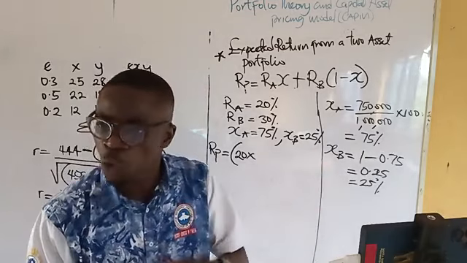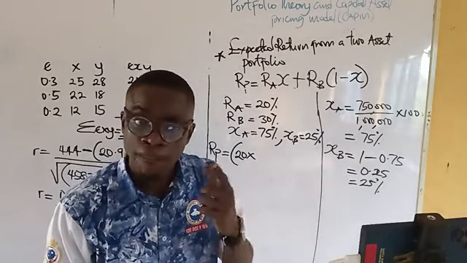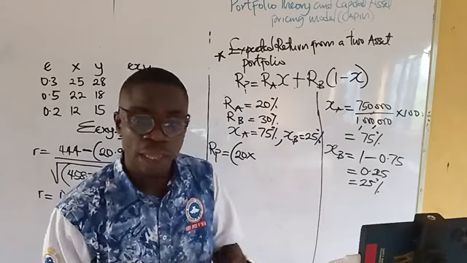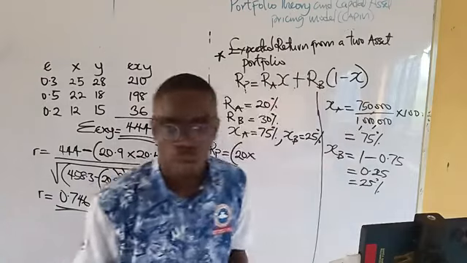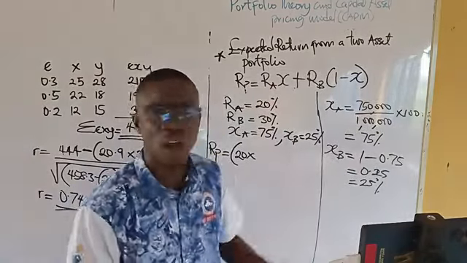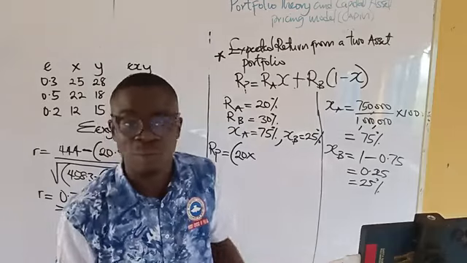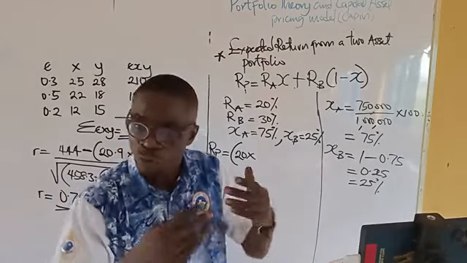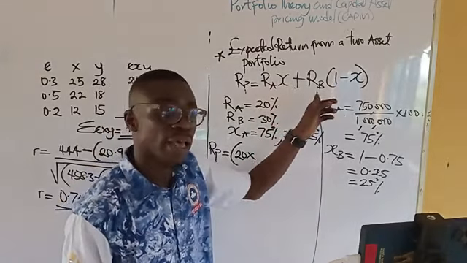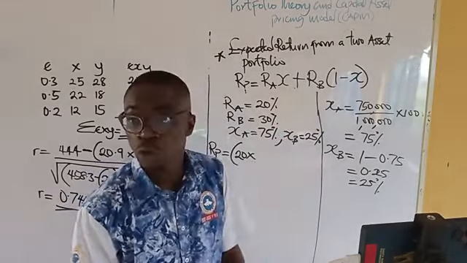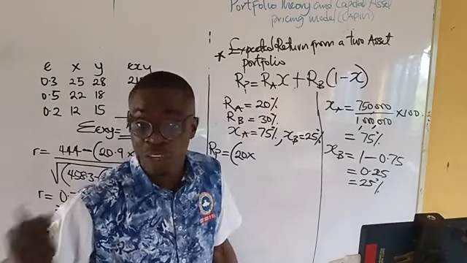I told you that if you want to convert percentage to decimal, that 75% will now be 0.75. And if you don't want to convert it, just say 100 minus 75%. You will still get 25%. But whenever you are using it in this calculation, you should always convert it to decimal.